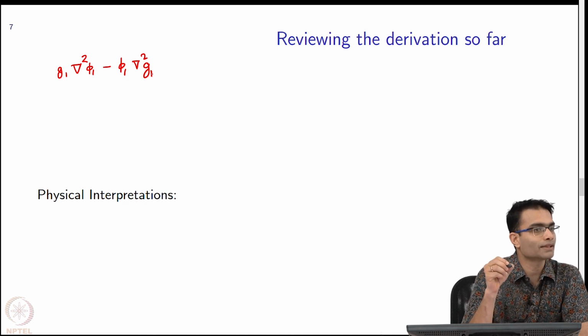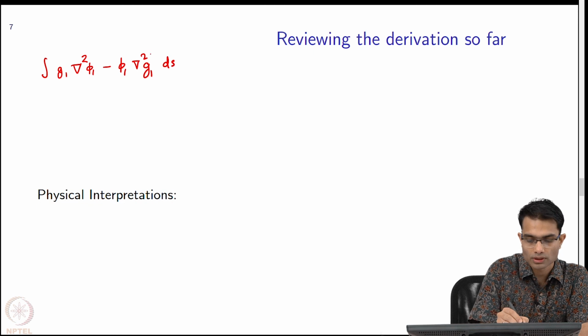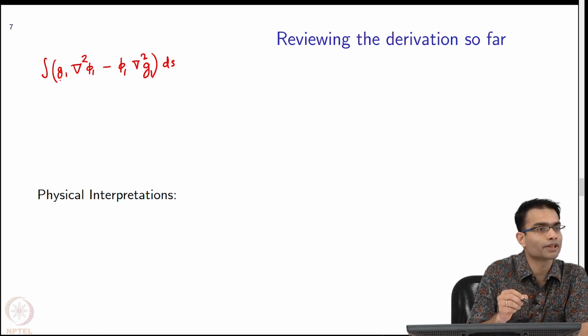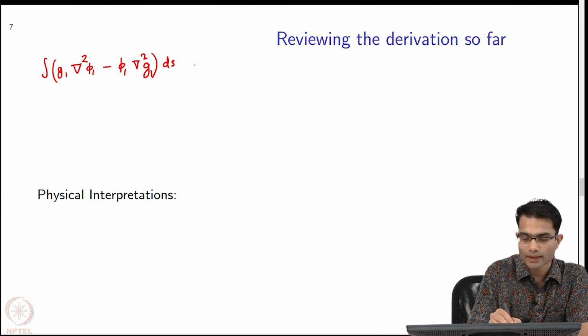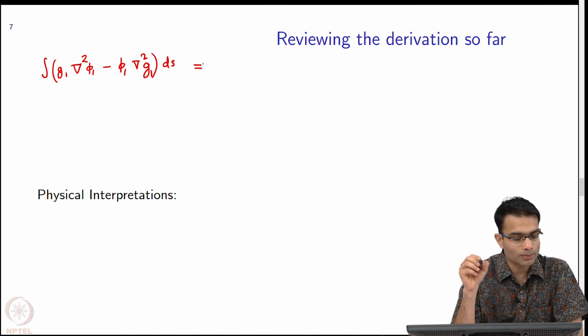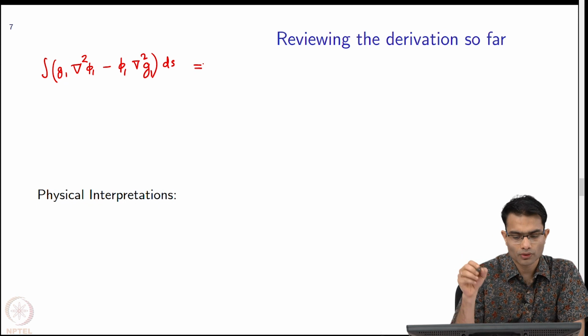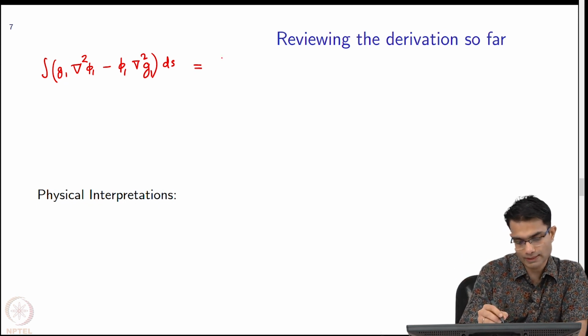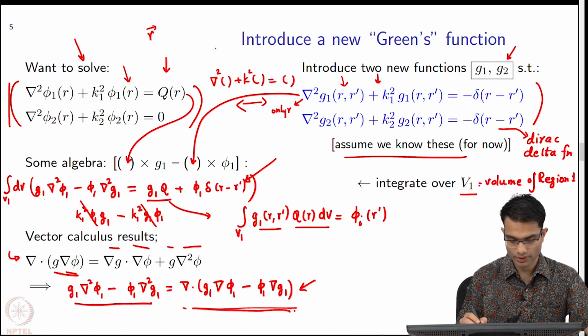this was the left hand side, right, which we had integrated over this. It's a 2D problem, so we had integrated over the whole surface, right. And on the right hand side, we had how many terms? 2 terms, right. The common terms of k1 squared had got cancelled off. So what I was left with on the right hand side is, let's go back to these terms over here.